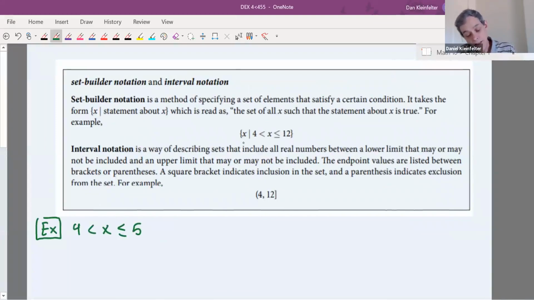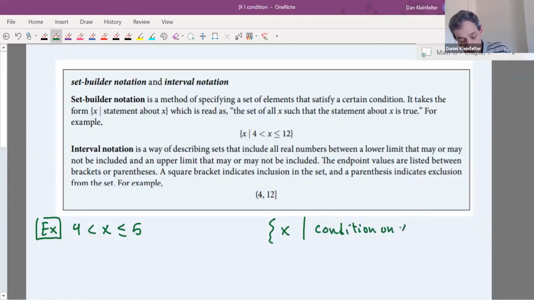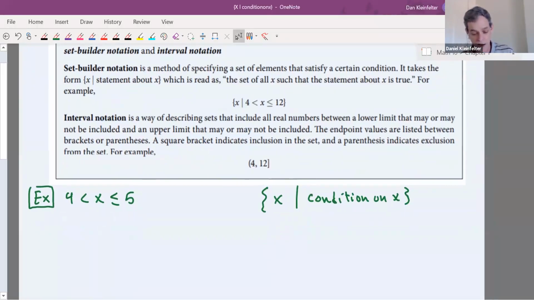Set builder notation, because we're describing a set, starts with a curly brace and ends with another curly brace. And then the structure is curly brace, a variable, usually x is used, a vertical bar that is read out loud as "such that" or "so that," and then some condition on x that indicates whether or not the number is included within the set or not.